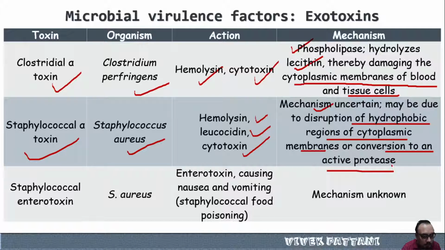Now comes the staphylococcal enterotoxin, again produced by Staphylococcus aureus. The action is of an enterotoxin which causes nausea and vomiting. The mechanism is unknown.